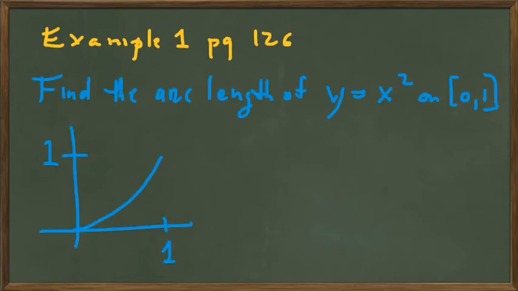So let's do a couple of examples. Do the same ones that are in the book. So we're going to do first example 1 on page 126. So we're trying to find the length along the curve between 0, 0 and 1, 1. That's the length in blue.